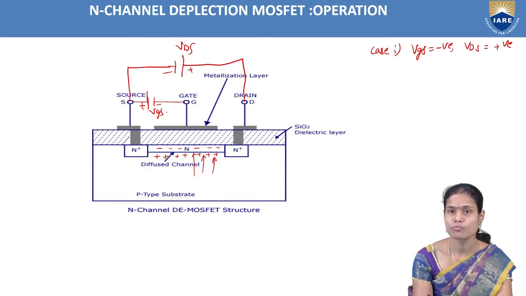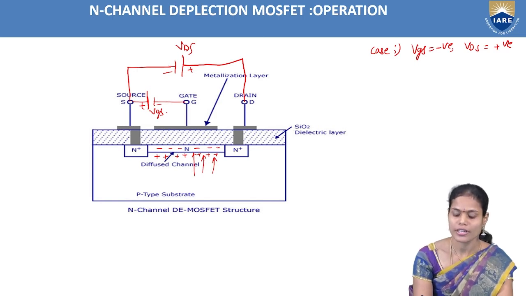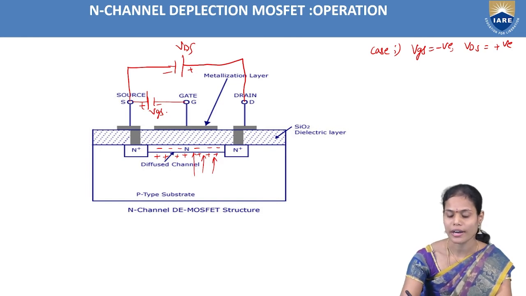Because of this movement of majority charge carriers from the P-type substrate into the N channel, the recombination process will start in the channel. Because of that recombination, the total current ID, which was flowing in the device before, will decrease.